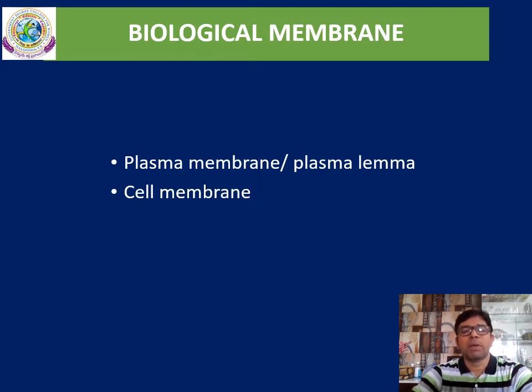When we come to cell membrane, it is a thin layer which covers cell organelles like mitochondria, Golgi complex, plastids, endoplasmic reticulum, etc. So these cell organelles are covered by a thin layer which is known as cell membrane.